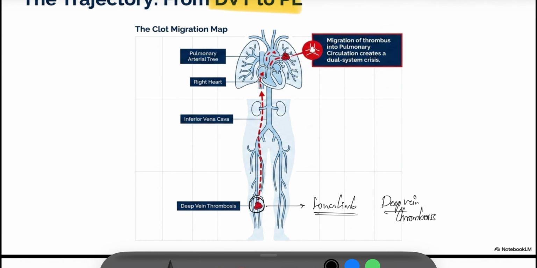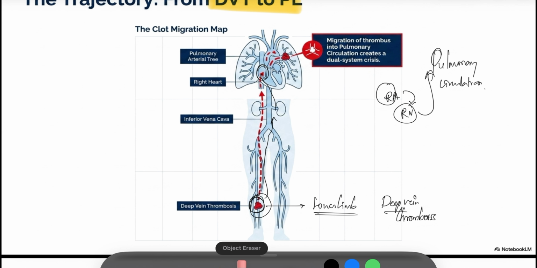So this deep vein thrombosis in the venous system enters the IVC, then the right atrium, then from there the right ventricle, and it enters the pulmonary circulation. So in this slide you learned how from DVT it enters the pulmonary circulation.